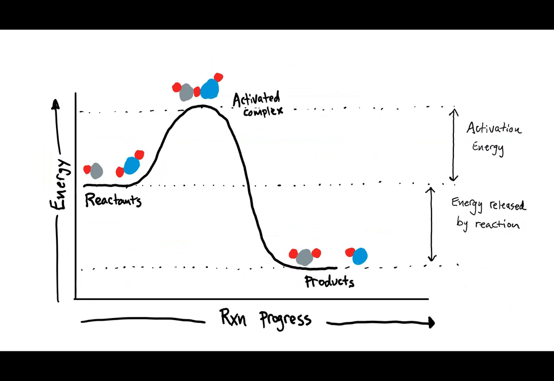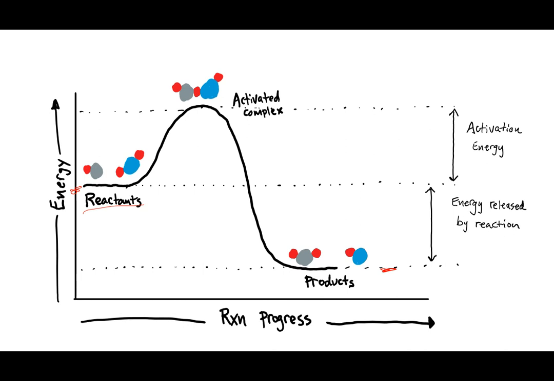All right, let's look at an energy diagram that represents this process. Along the y-axis, we have energy, and on the x-axis, we have the reaction progress. That could also be seen as time. Okay, so we have our reactants here, and they have some energy on the y-axis. And then we have our products, which have a lower energy down here.